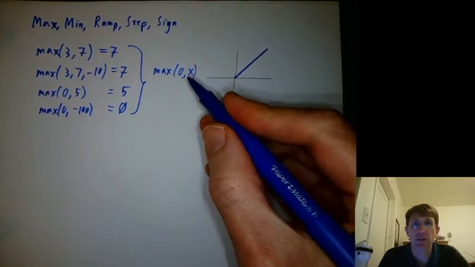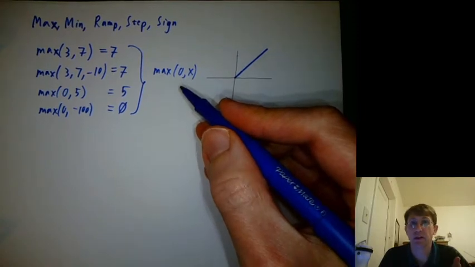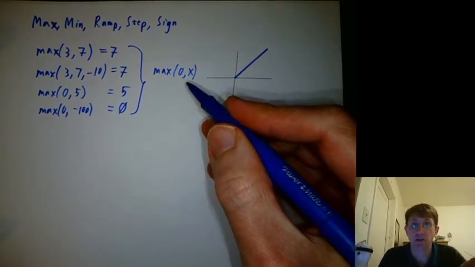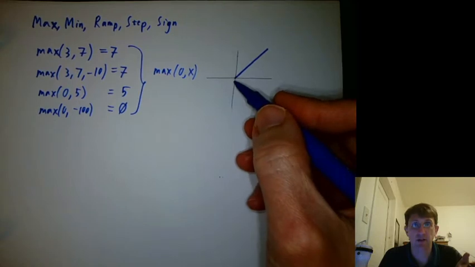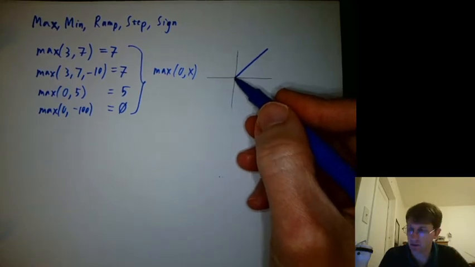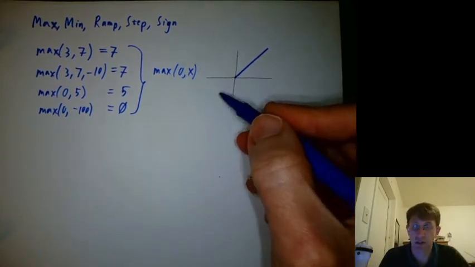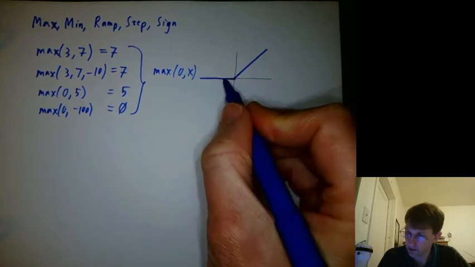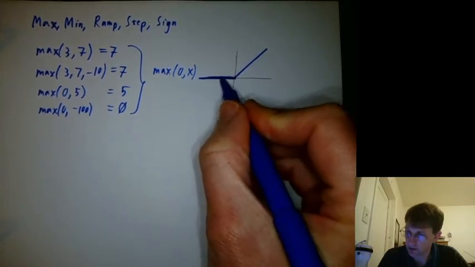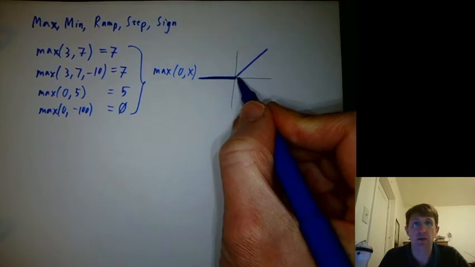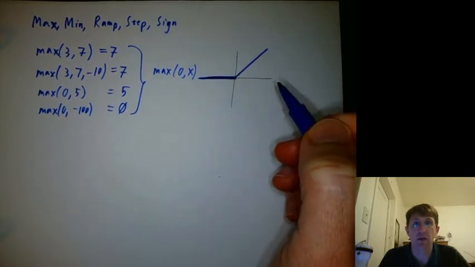For x values less than 0, which is bigger, 0 or x? 0 is bigger, so you just get 0 regardless of what x value you put in less than 0. So instead of continuing on down here, you get a flat line like that. So this has a 45-degree sharp angle at the corner.